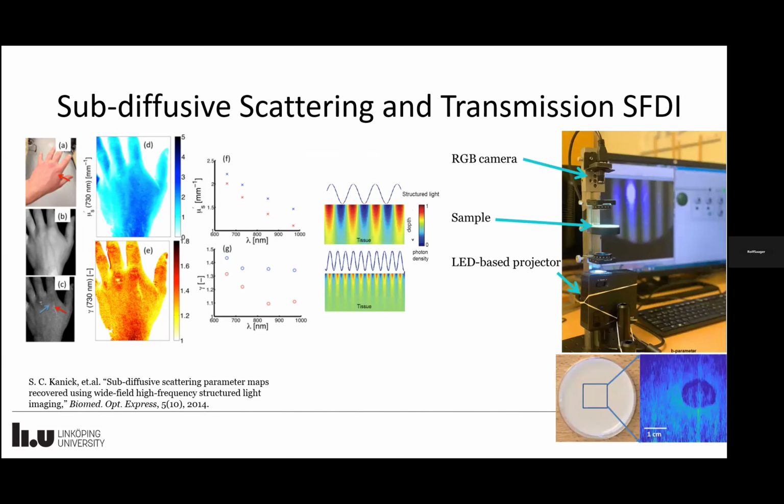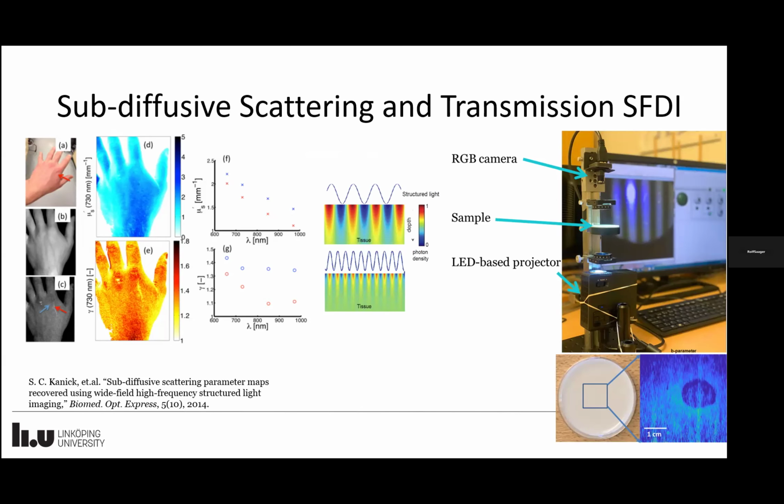So our idea is, in order to eliminate that, to go into a transmission geometry, where we can limit the thickness. That will limit the number of scattering events, and we can go to higher spatial frequencies. Since we aren't in a reflectance geometry, we don't have to deal with that diffuse background anymore, so we can separate that.